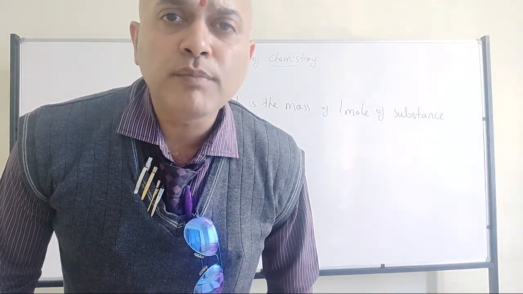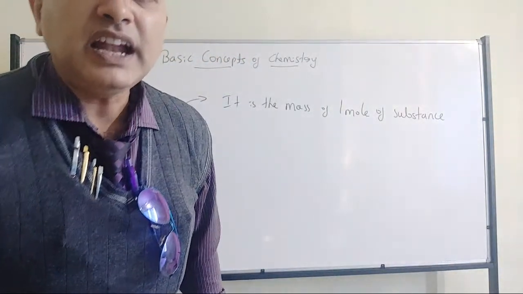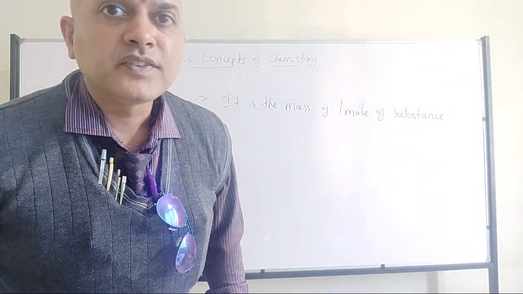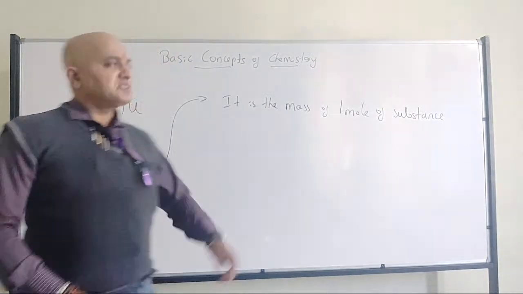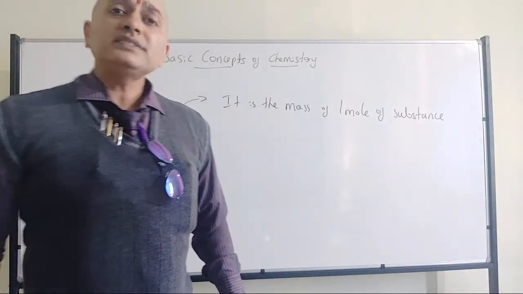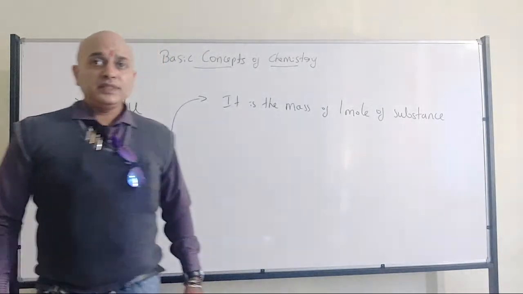The ratio of mass of one molecule of the compound. Why a ratio? Okay? So to be more simple, this can be the answer. It is the mass of 1 mole of a substance. That is enough. Anything I can take.